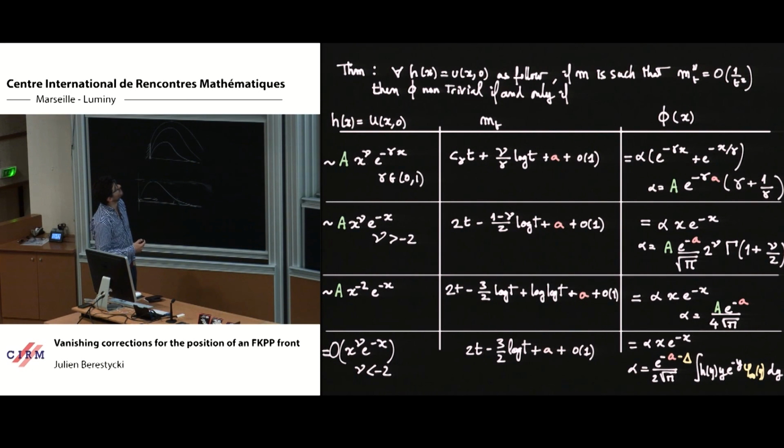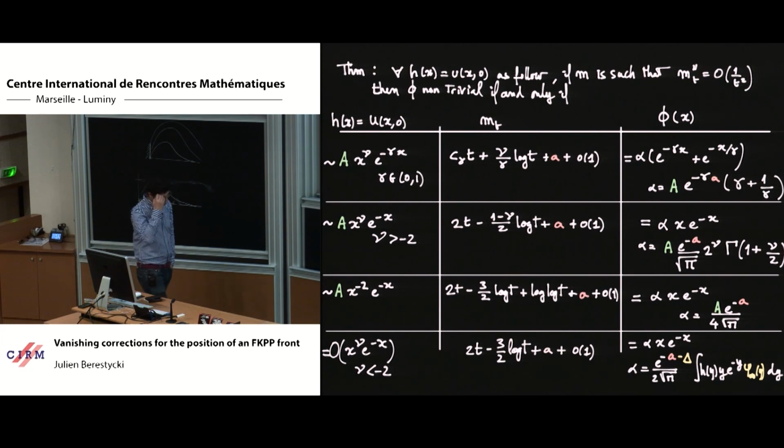First of all, you can ask what happens when you still have an exponential decay, but at a rate smaller than 1, like e to the minus x over 2. In that case, you're changing the speed of the first order, and of course you're changing the shape of the limit.